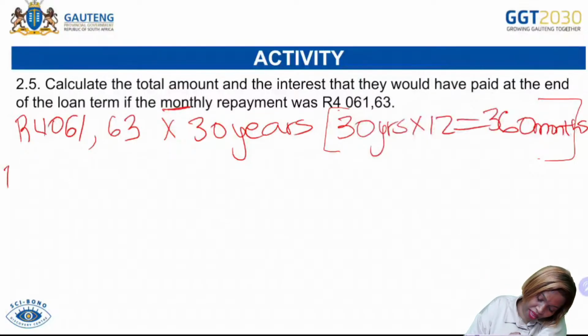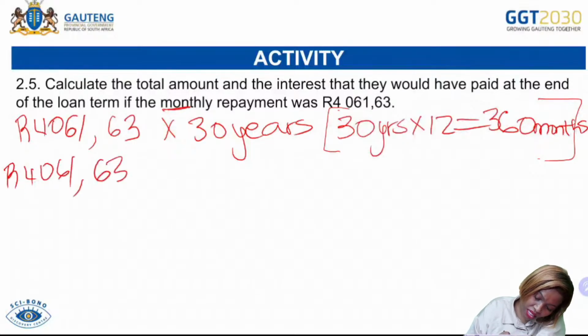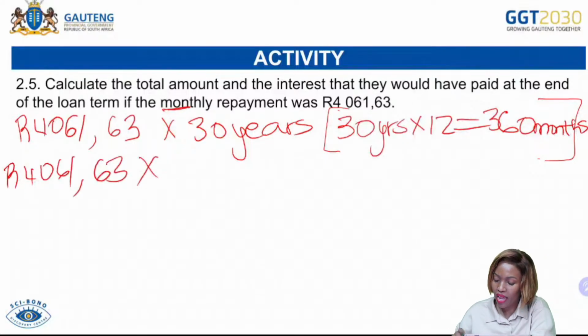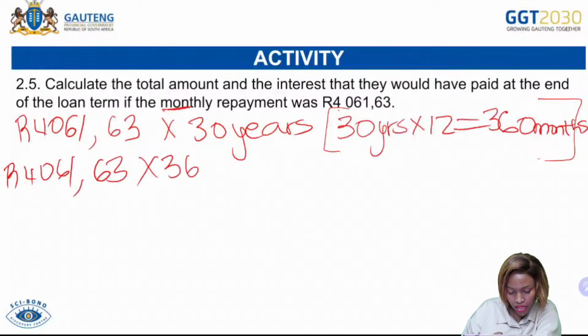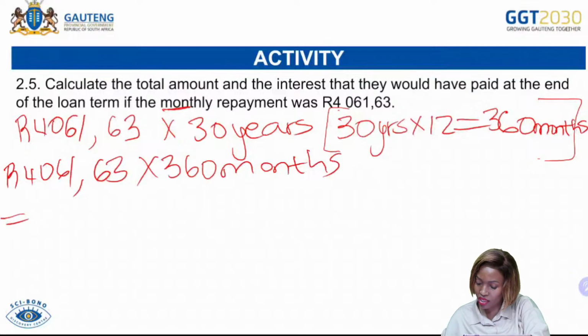Now we'll take the monthly amount, the R4,061.63 multiplied by 360 months. Let us punch in our calculators. It is R4,061.63 multiplied by 360 months.